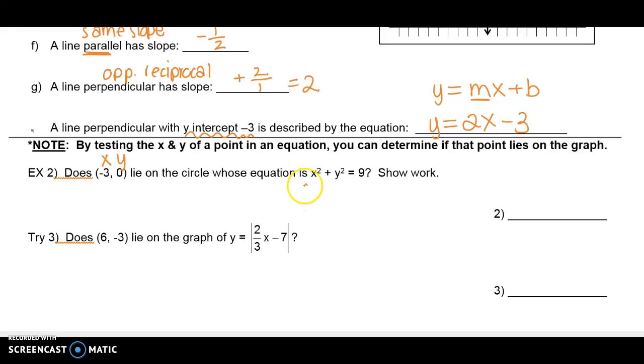So if you plug in negative 3 for x, square it, and compare it to your y value, square it, and then set it equal to 9, does the left-hand side equal the right-hand side? 9 plus 0 simplifies to 9. 9 equals 9 is indeed true. So the point does lie on the circle.